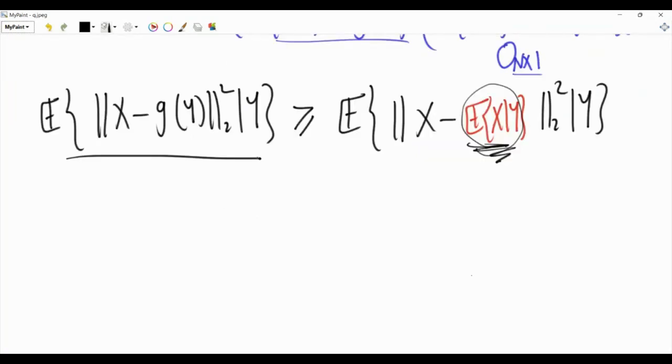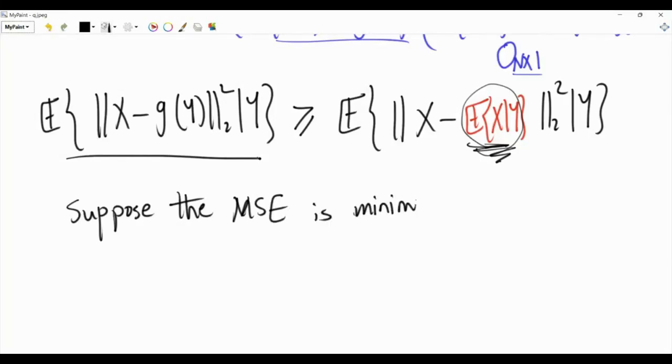Now, what about uniqueness? Is there another vector that can achieve the minimum mean squared error? So let's investigate uniqueness. Suppose that the mean squared error is minimized by x1 hat, so that's a minimizer of the mean squared error, and x2 hat.